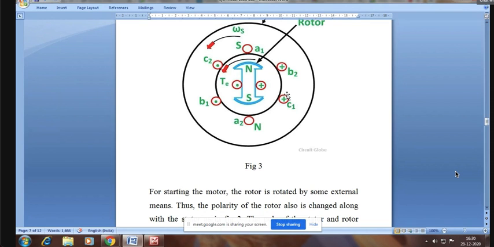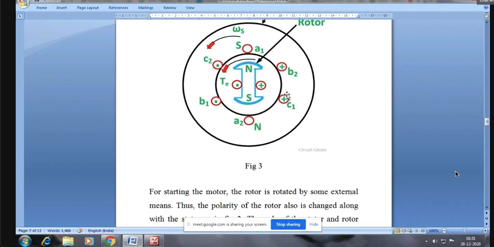Yes, sir. And once the rotor starts rotating, it will rotate at synchronous speed only. Why? Because this rotor is being dragged or pulled by the synchronous field created in the stator.